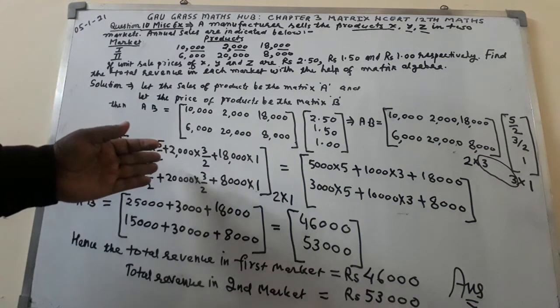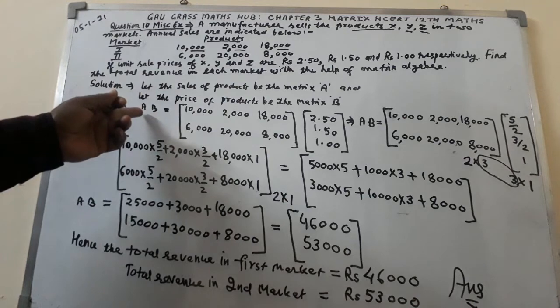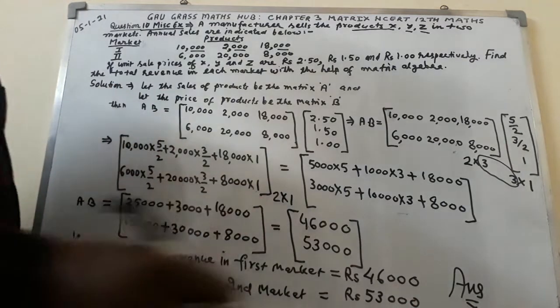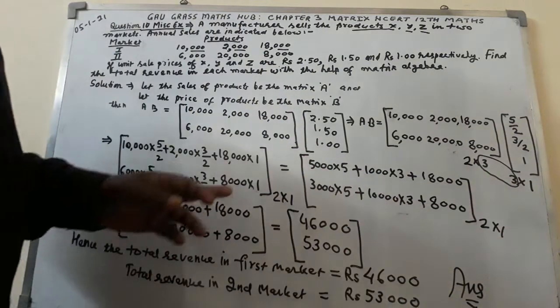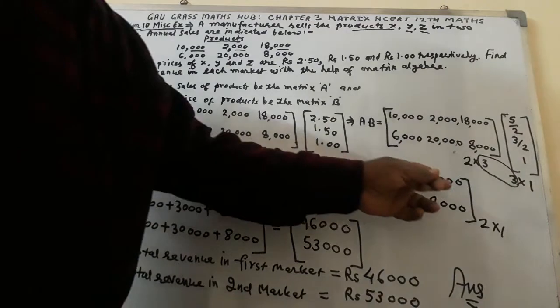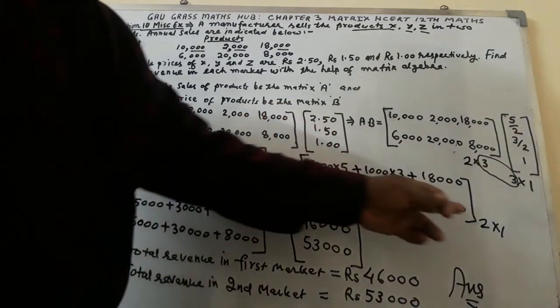The matrix AB is of order 2 into 1. This means the number of rows will be 2 and the number of columns will be only 1.